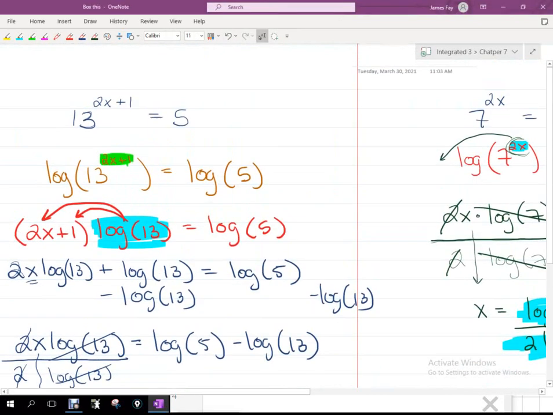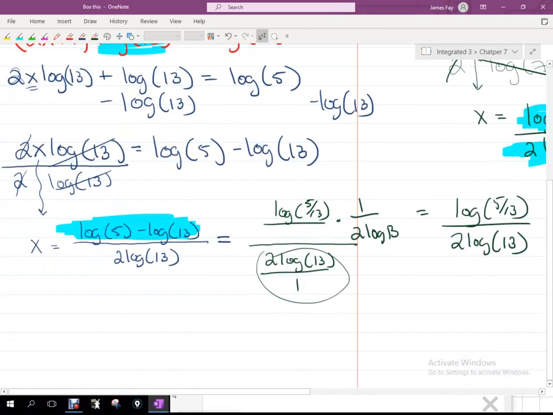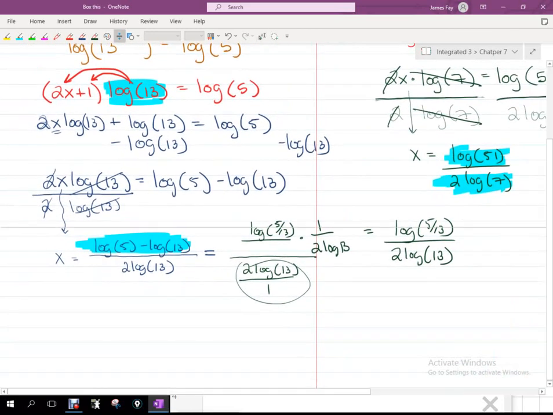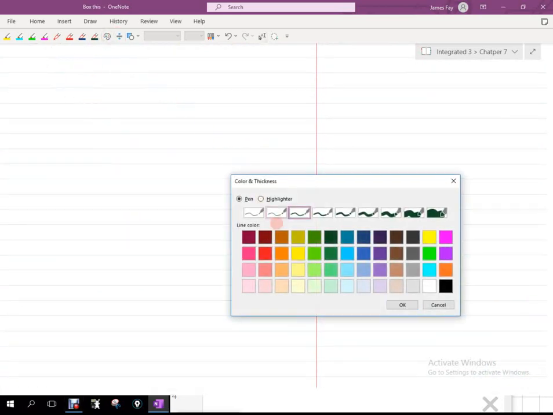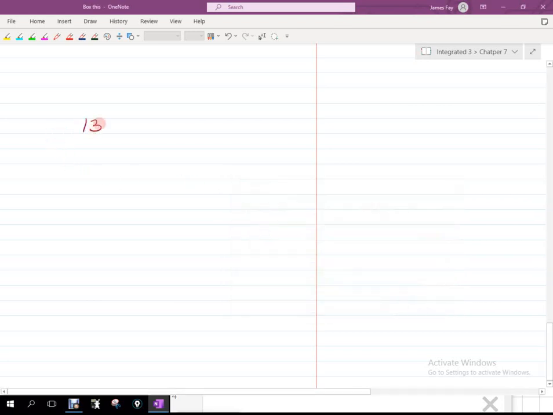Okay, so I want to go back to this part here because you guys said that you wanted to distribute, which is fine. It works. Okay, I'm a fan of not doing that, and I think it will make sense to you why. If I go 13 to 2x plus 1, that was equal to 5.